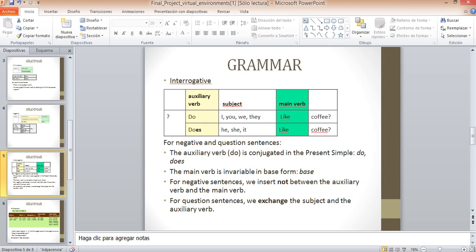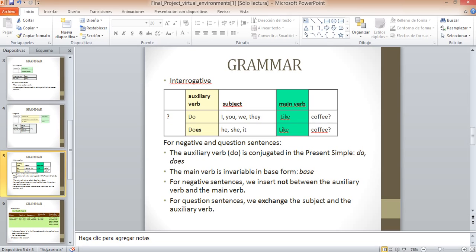We put the I, you, we, or they, and then the main verb. In this case, like, and ending for the statement. We should do the same for the third person. The auxiliary verb, then the subject, and then the main verb, as we see here.